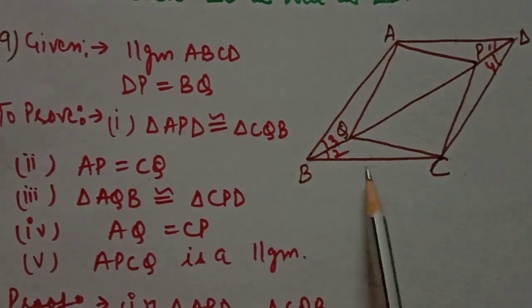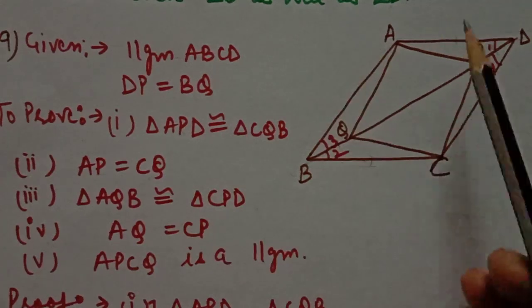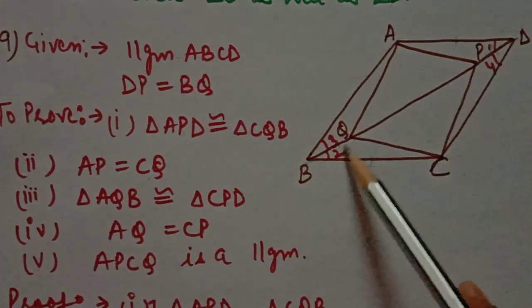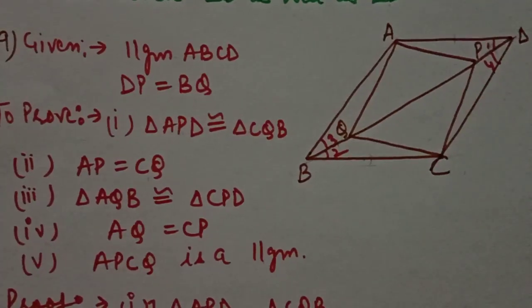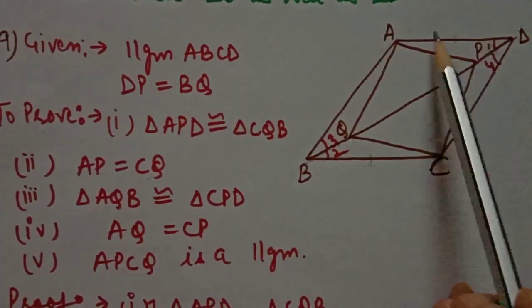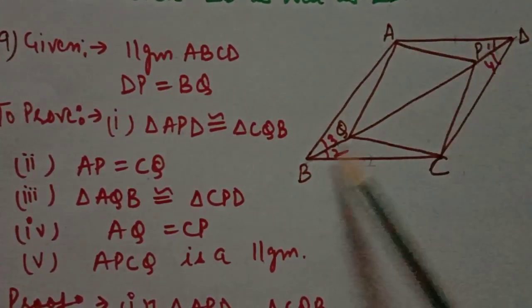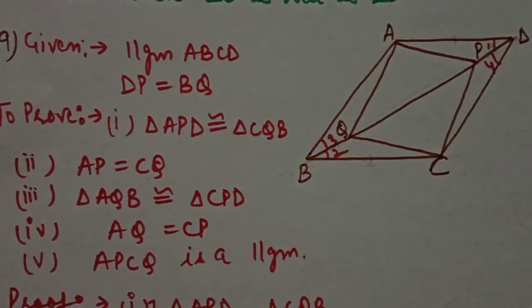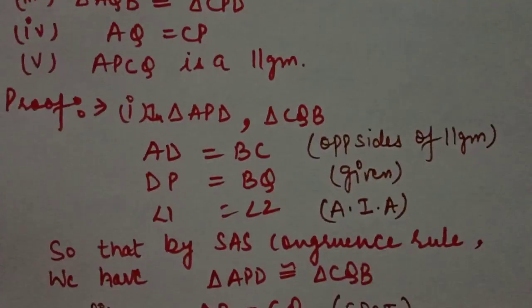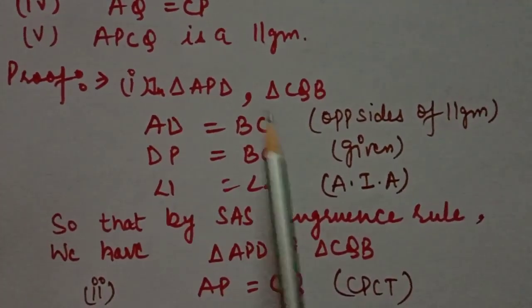First of all, AD and BC are equal to each other, opposite sides of a parallelogram, and DP is equal to BQ, which is given. Angle 1 and angle 2 are also equal to each other, alternate interior angles, because students, this is a parallelogram, these two lines are parallel, and this is a transversal, so 1 and 2 are a pair of alternate interior angles. So we will follow this procedure in the solution.